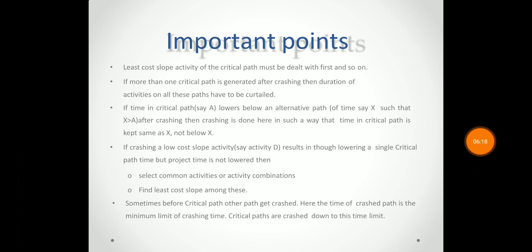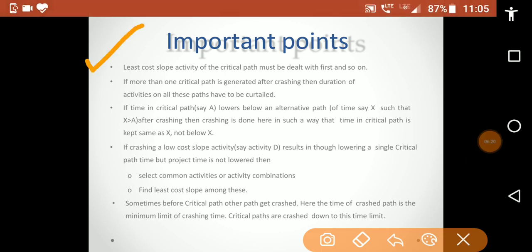Now let us see some important points related to crashing. The activity with the least cost slope on the critical path must be dealt with first, and so on. Second, if more than one critical path is generated after crashing, then the duration of activities on all these paths has to be curtailed.